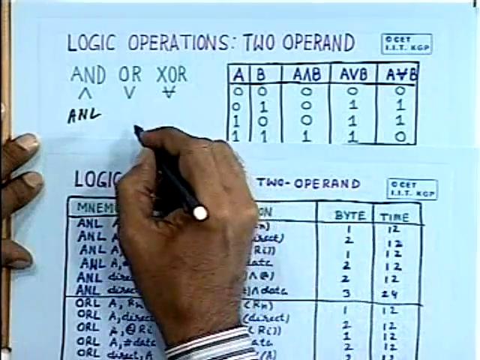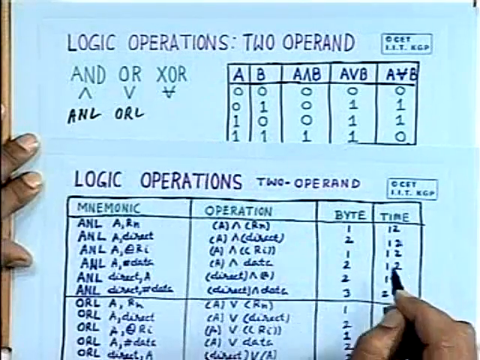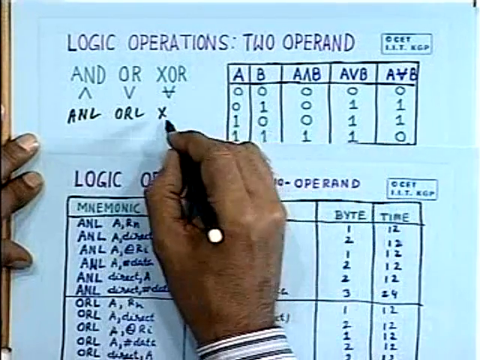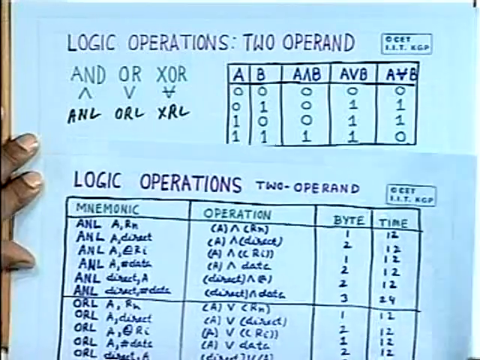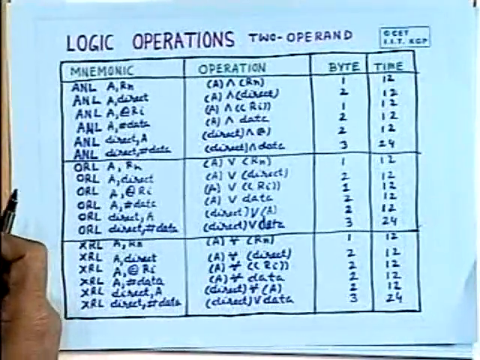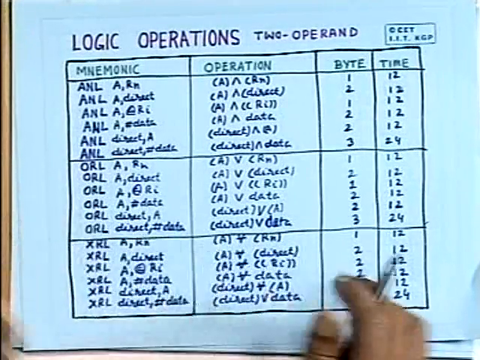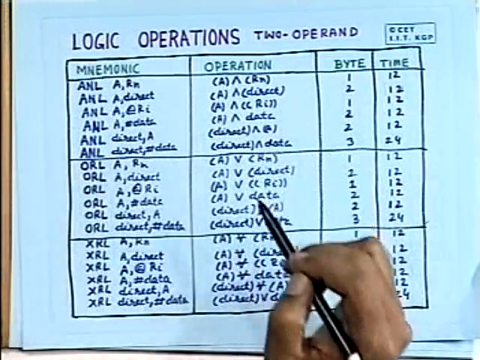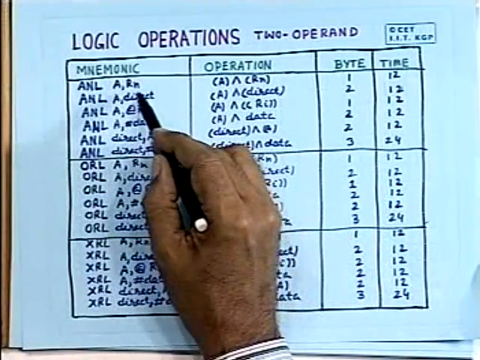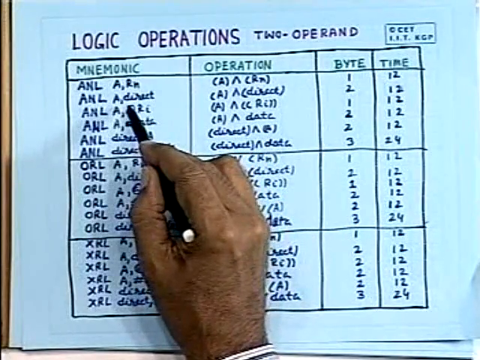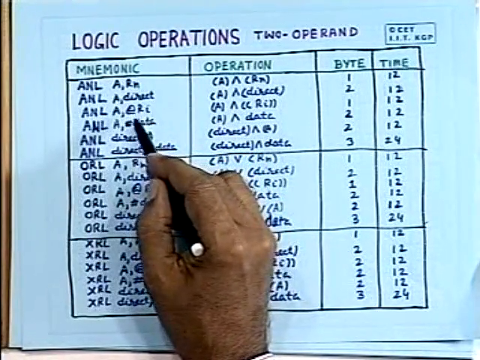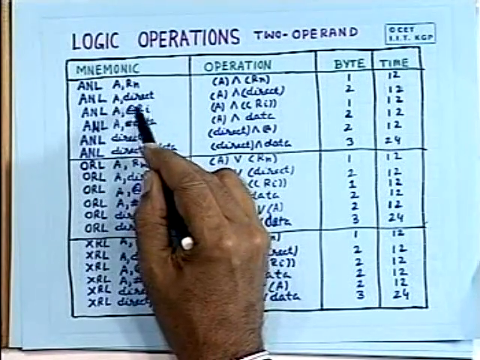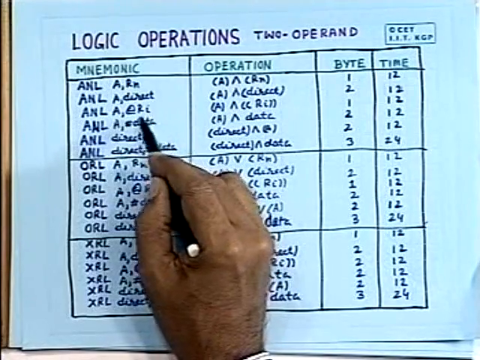Similarly, OR operation is represented by ORL, and exclusive OR is represented by XRL, exclusive OR L. And here you can see one of the operands is in the accumulator and another operand can be a register, direct data, or one memory location provided with the help of indirect addressing, or it can be immediate data.